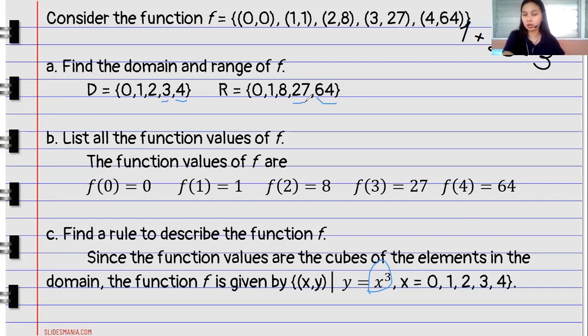Kaya po ako nagkaroon ng x cubed dyan. We can conclude that this is our function by simply looking at our domain and range po. Okay? Or we're just going to find the rule to describe the function f po. Questions po so far? Grade 8 questions?